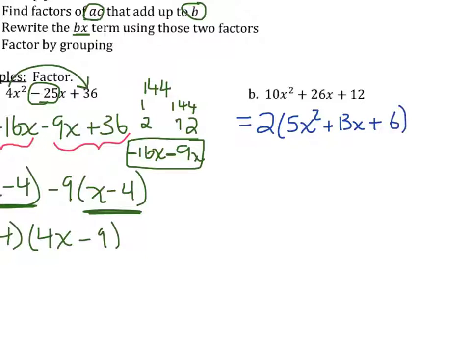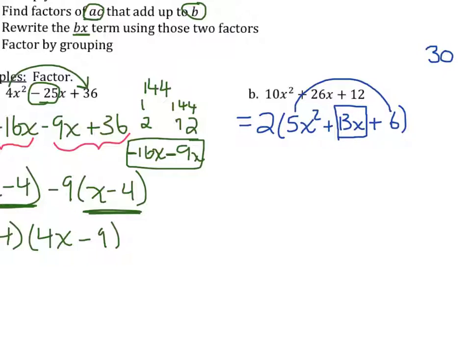Notice here inside of that parentheses, I still have a number other than 1 in front of my x squared. So I'm still going to use my rainbow method. To do that, I'm going to multiply the 5 and the 6, and I'm going to get 30. I want to find two numbers that multiply to give me 30, but add up to this 13 here. 13 is my coefficient on the x.